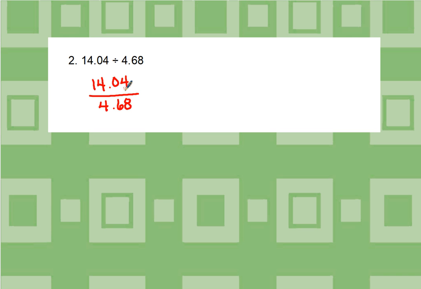Well, notice our largest decimal is in the hundred spot, so we're going to multiply this by 100 over 100, which is just like 1. By doing that, it's moving it to get rid of our decimals. So we would now have 1,404 divided by 468.